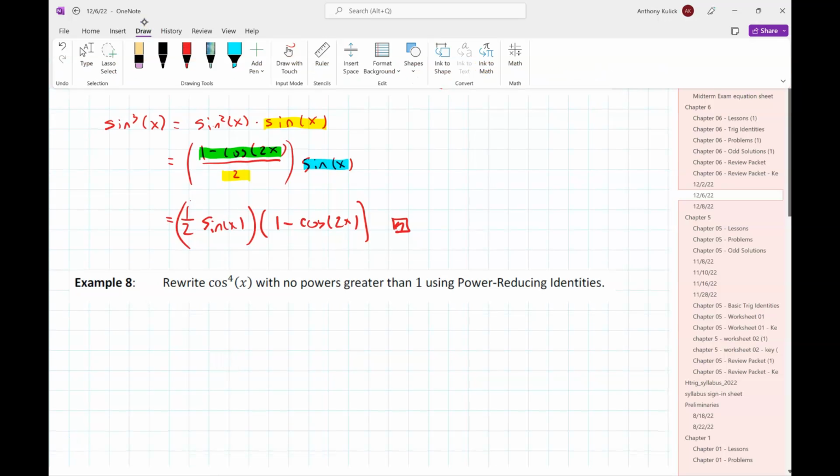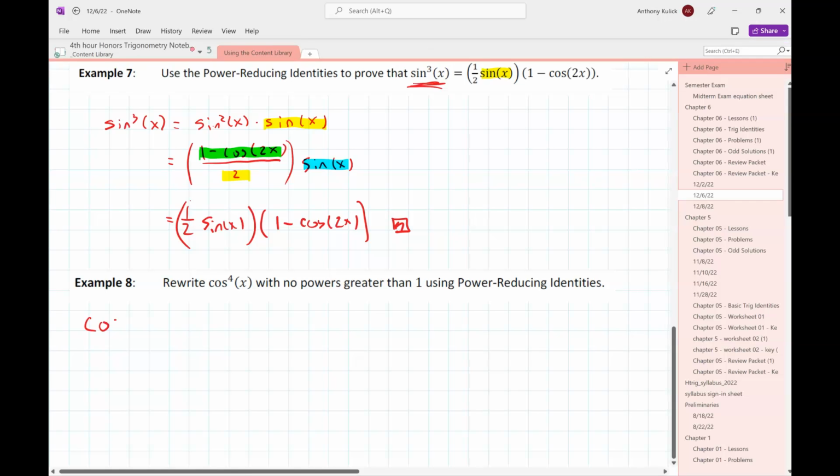All right. Pretty similar kind of problem. It sounds very much like a simplifying problem here. It just says rewrite cosine to the 4th with no powers greater than 1 using the power reducing identities. Okay.